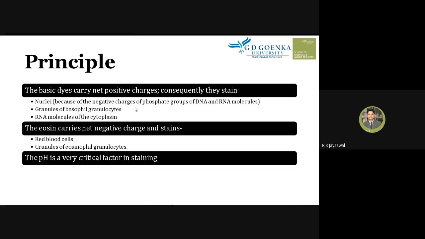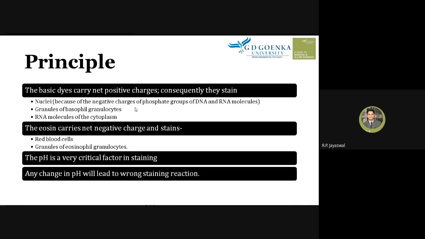The pH is a very critical factor in staining. You have to maintain the pH, and if there is any change in the pH, it will lead to wrong staining reaction. So you have to ensure that the stain is properly prepared and that proper pH is maintained, so that the proper reaction takes place, so that the basic dye can stain the acidic part of the cells, and the acidic dye will stain the basic part of the cells.